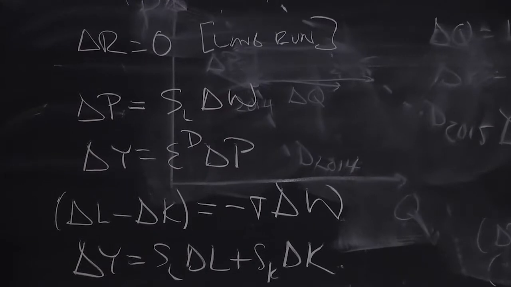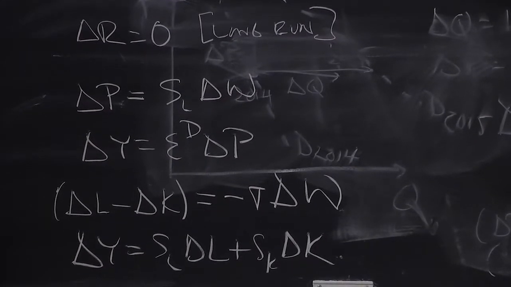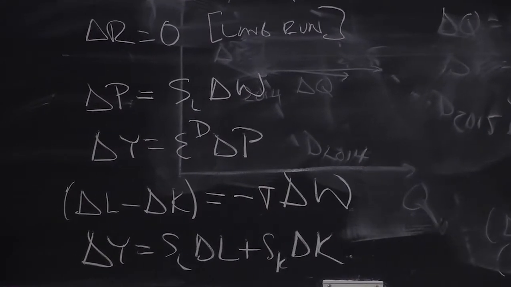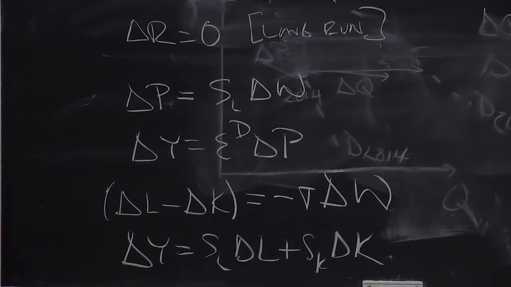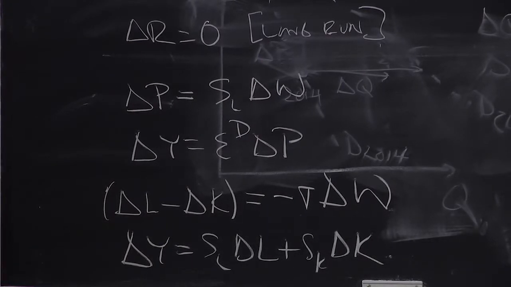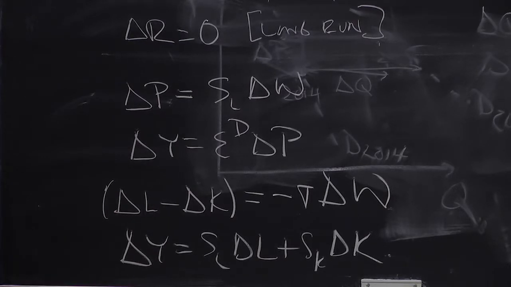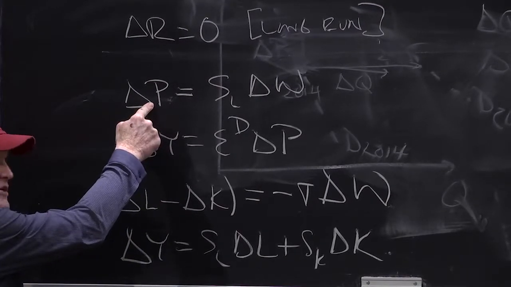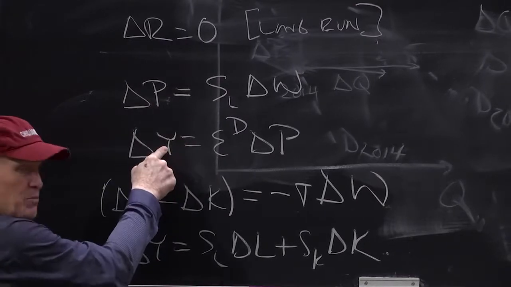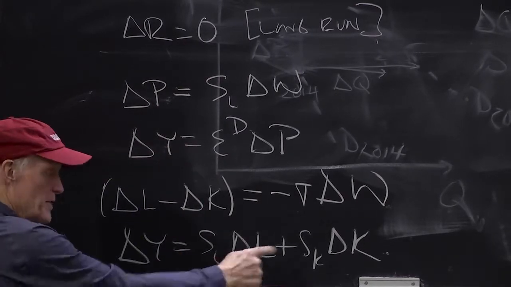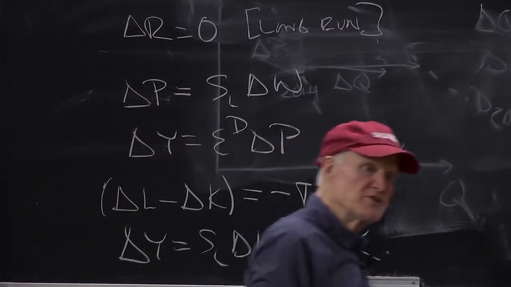How many unknowns do I have? I got to determine what's going to change as I change the wage rate. Well, our price is going to change, output's going to change, and labor and capital. So I got the right number of equations and the right number of unknowns.